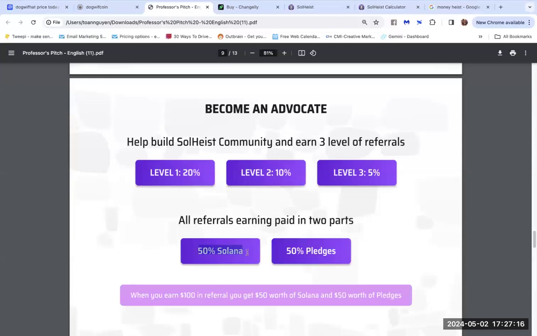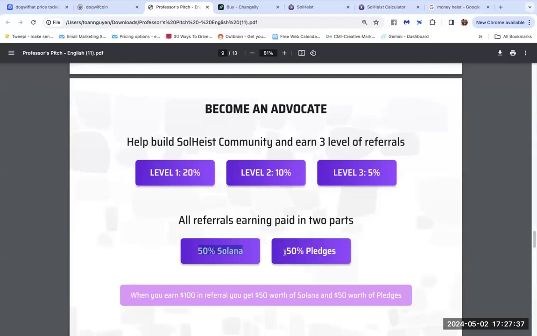If you're new and don't know what Solana is, it's considered a top 5 cryptocurrency on CoinMarketCap, extremely liquid. That means you can swap it for USDT at any time and just cash it out in your bank, no problem. So 50% is paid in Solana and the other 50% is paid out in pledges, all right?